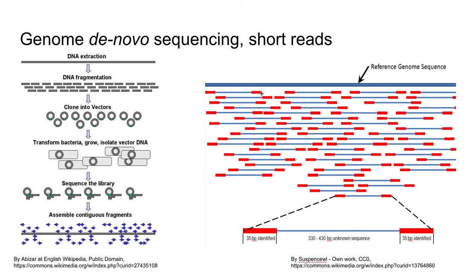This is one of the fragments. So you would sequence around 150 base pairs on this end and 150 base pairs on this end. This old slide says 35, 35, but nowadays it's a bit longer. And you see that you would not necessarily sequence the whole fragment, but the two ends of the fragment. So it's paired end sequencing.